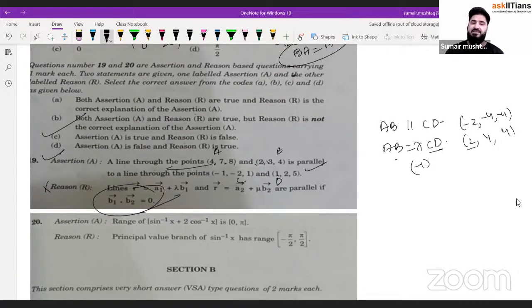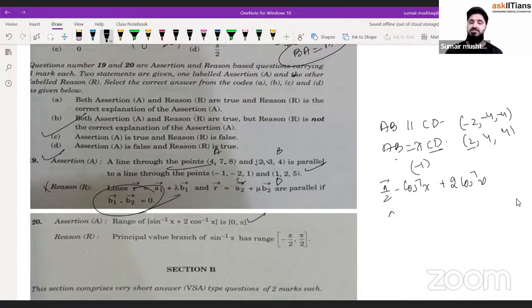Now the next question, question number 20. Sine inverse x plus 2 cos inverse x, its range is 0 to pi. Now tell me, is its range 0 to pi? No, its range is not 0 to pi. How? Because you know, you can write sine inverse x as pi by 2 minus cos inverse x, and here you can write plus 2 cos inverse x.